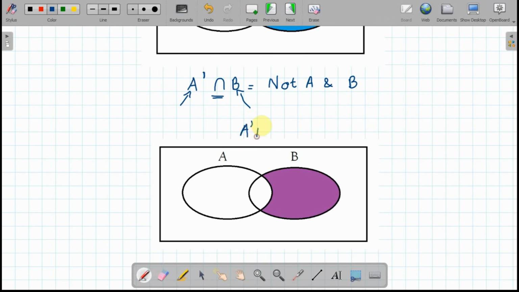So just the crescent of B is shaded because anything that is not A will be the crescent of B as well as the outside. But the intersection means that you have to fulfill the condition of it being B. So you have only the crescent of B shaded over here. Okay, we're going to look at the next one.